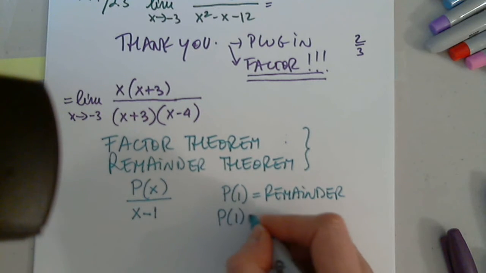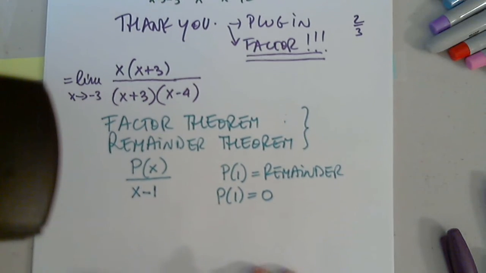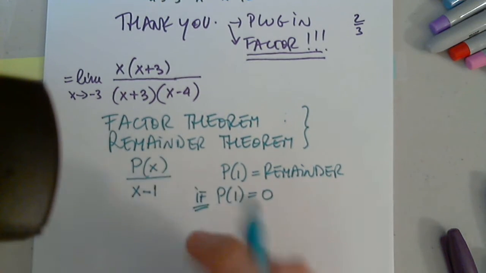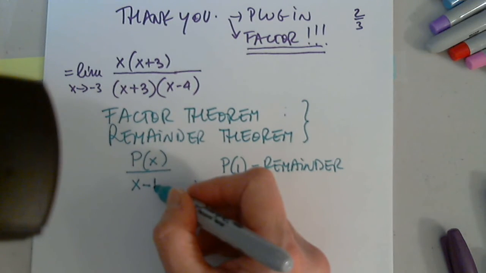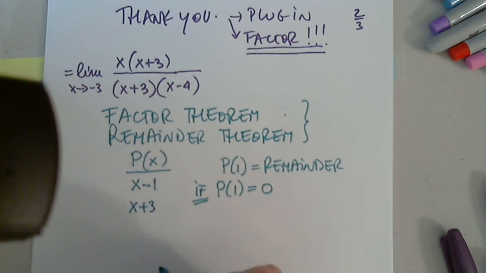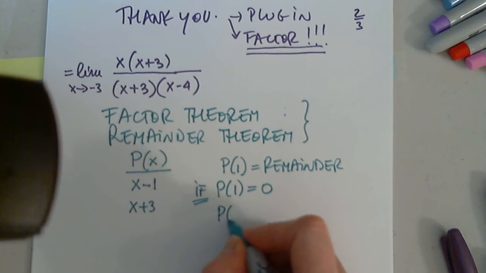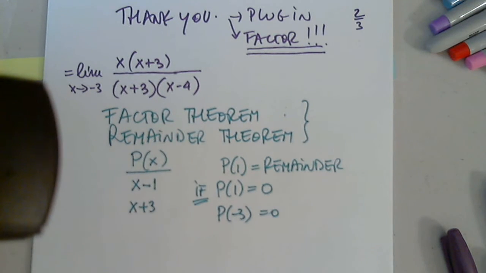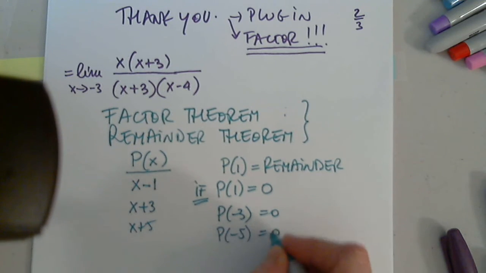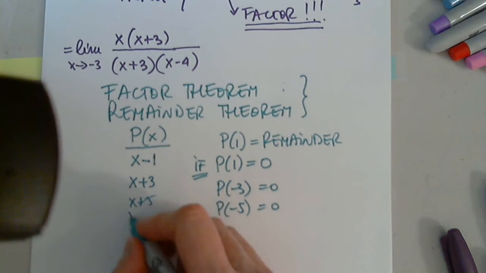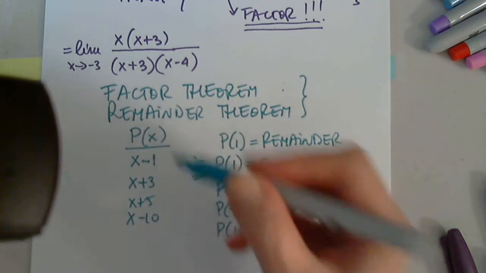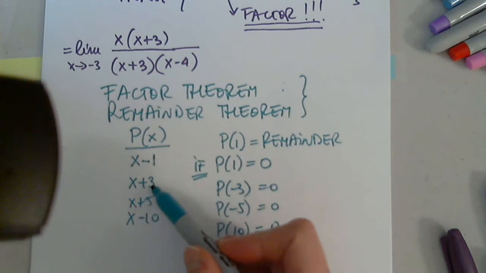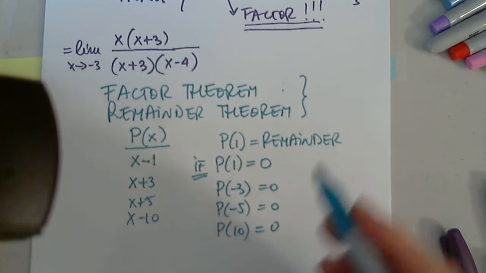If the remainder happens to be 0, and that's a big if, when I plug in this number, what if I have x plus 3? Then I have to plug in -3. What if I have x plus 5? Then I have p of -5. What if I divide by x minus 10? Then I have p of 10. If the denominator is this and I get 0, or this and I get 0, and so on and so forth.